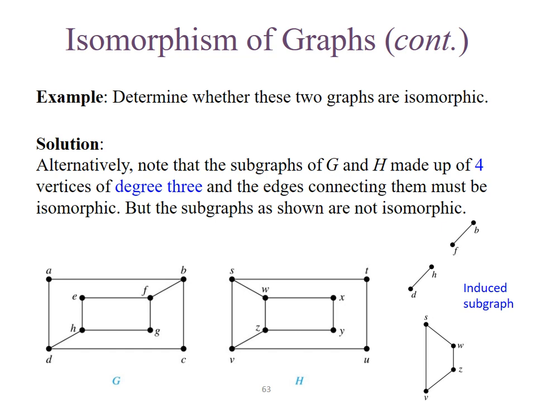Okay, maybe we can also apply induced subgraph. Okay, because for this vertex of degree 3, actually you choose the vertex of degree 3 and its corresponding induced graph. Then you choose WBS and induce the graph. But you choose all these degree 3 vertices in graph G, then you will select BFHE.